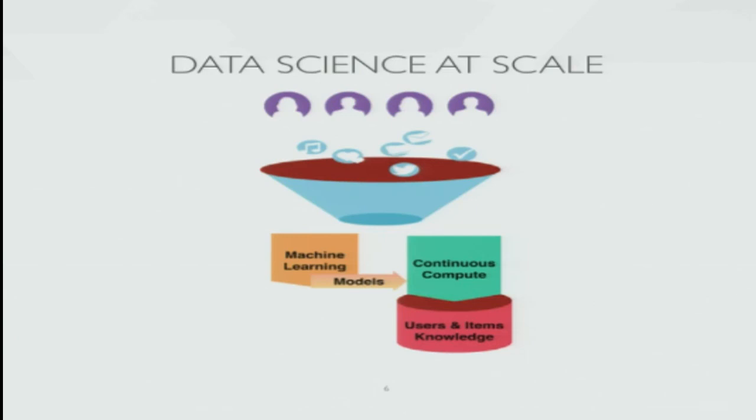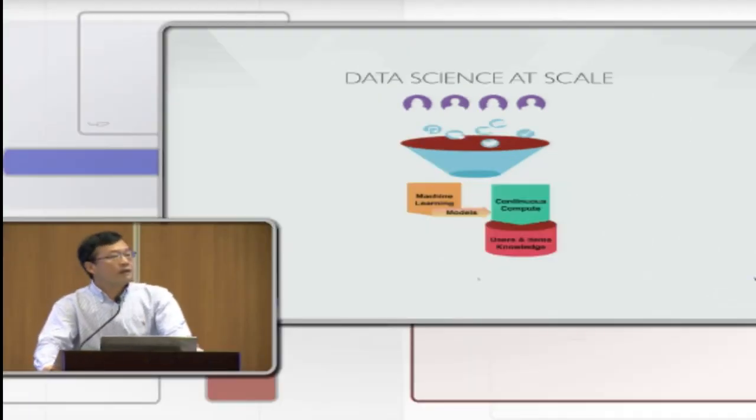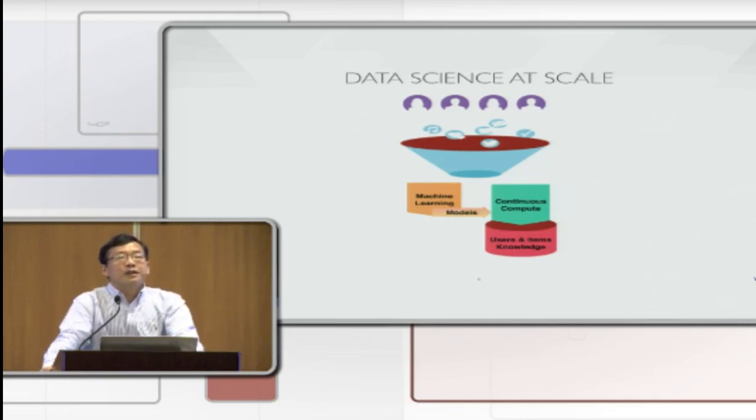So at Yahoo, we analyze a huge amount of data about the user, about the items, and about their interactions. Then we apply machine learning to come up with the various models.